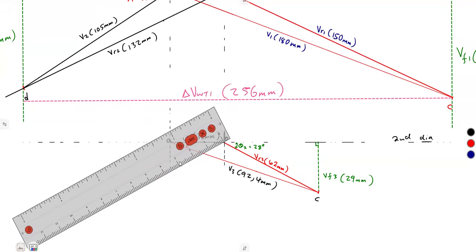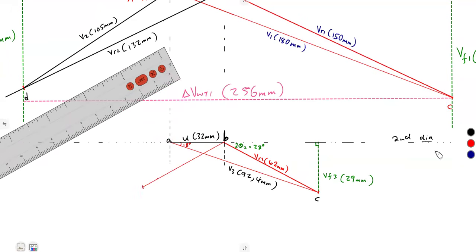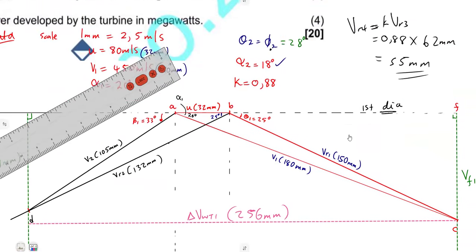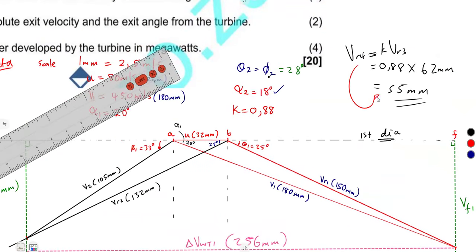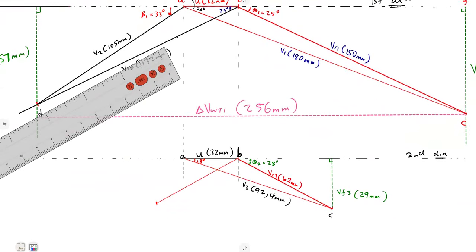So 55 millimeters from point B to point D. So this whole part is our VR4, which we already measured, 55 millimeters, taken from this angle phi 2, which is 28 degrees from the symmetrical blading.